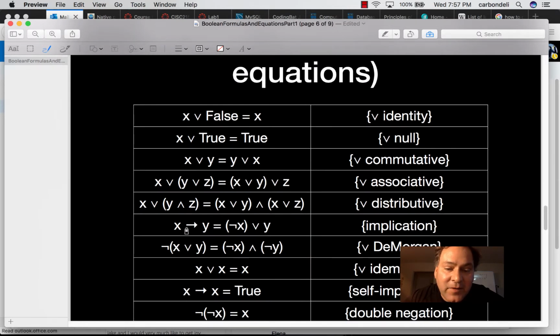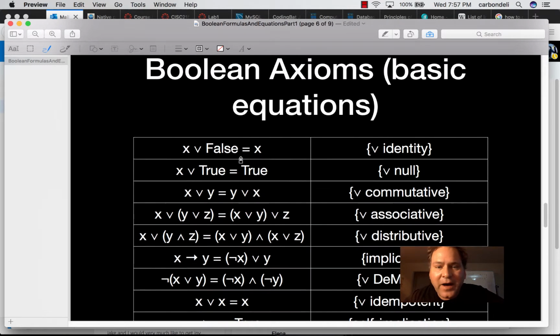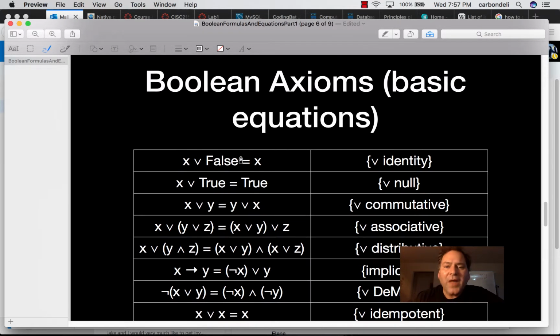And then we also have implication, which is an arrow. We have NOT, which is this backwards looking pipe right here. And we're basically defining axioms. And these are givens that we can utilize as the basis for proofs that we write.